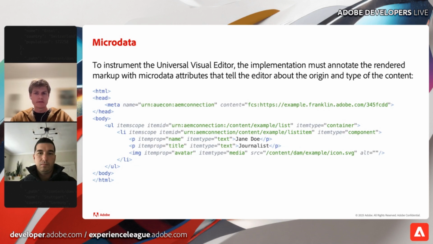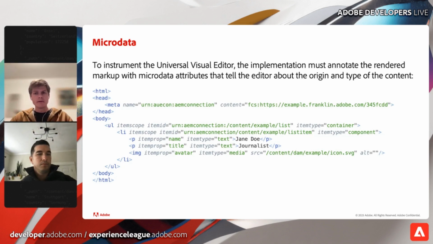Basically the universal editor is listening to DOM changes. Each time the DOM changes, it will reconsider if these annotations have changed, because maybe some new content has come into the view. Maybe you have unfolded something. Maybe you have switched to a different user and suddenly new content is showing up.